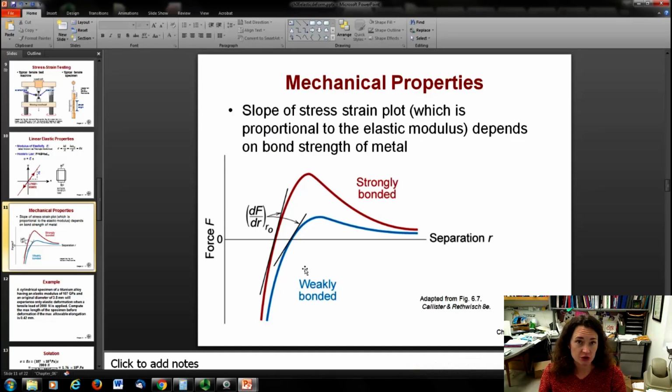So what you can do, and what we'll do in our lab, is we'll monitor what happens with stress, how much strain is resulting in the material from that stress, and then from the slope of that line, we'll get the elastic modulus of the material when it's in the linear regime. So the slope of your stress-strain plot is proportional to the elastic modulus. It's normalized for the material, so it really depends upon only the bond strength of the material, how strong those bonds are, and how much they're willing to deform.